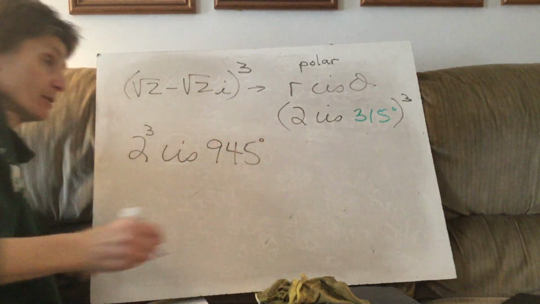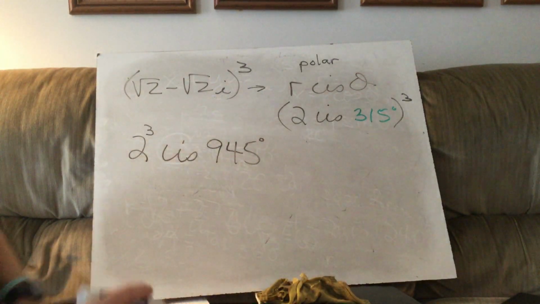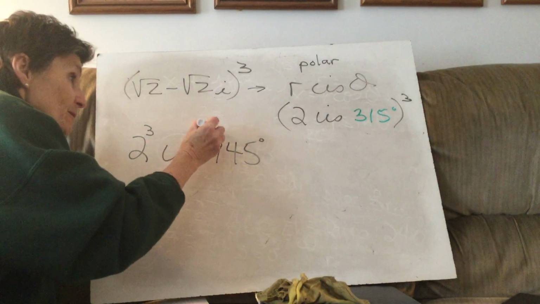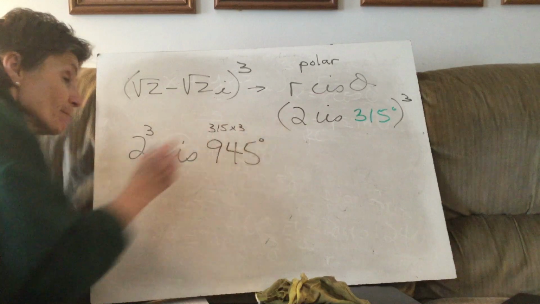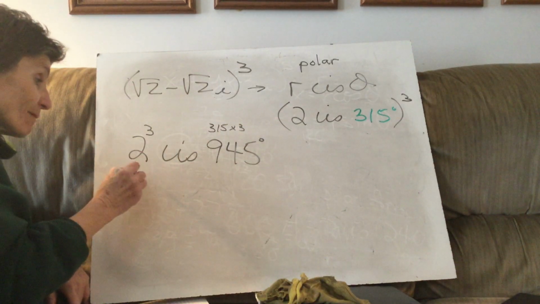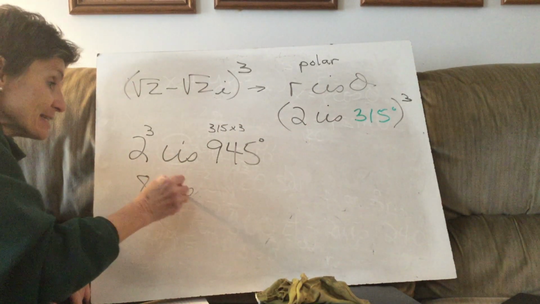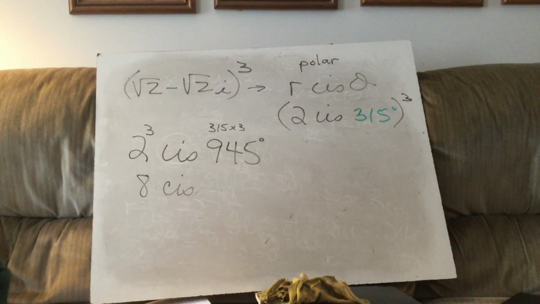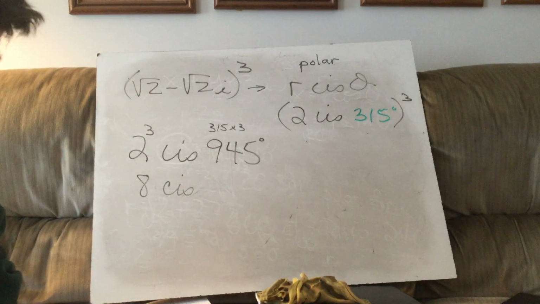Don't forget you have a calculator if you need it. So it's 2 to the third, and then 315 times 3. So I have 8 cis 945. That's what we get. You don't have any mistakes there.